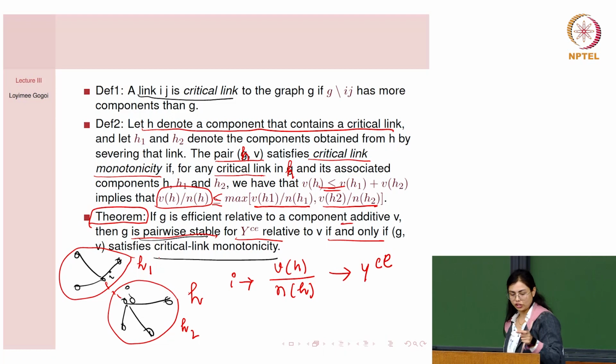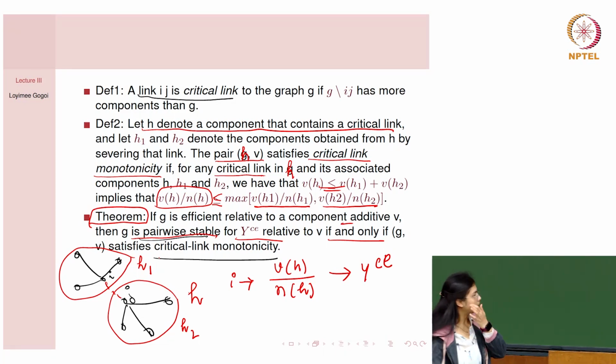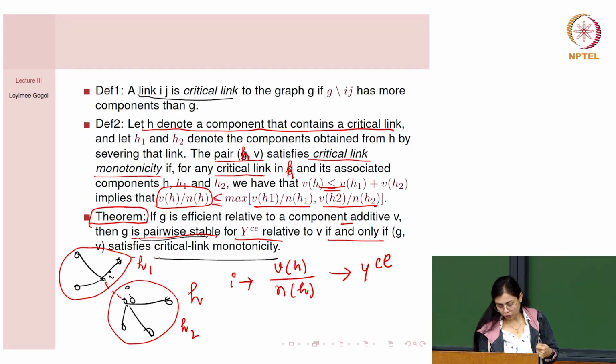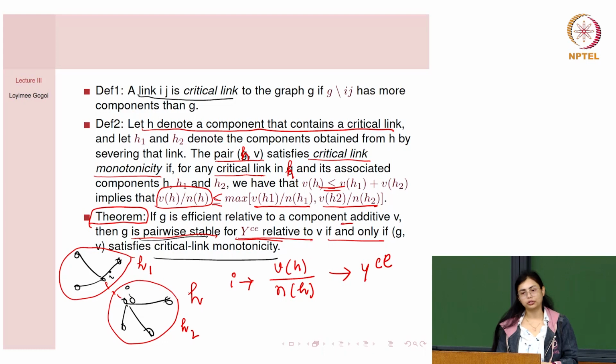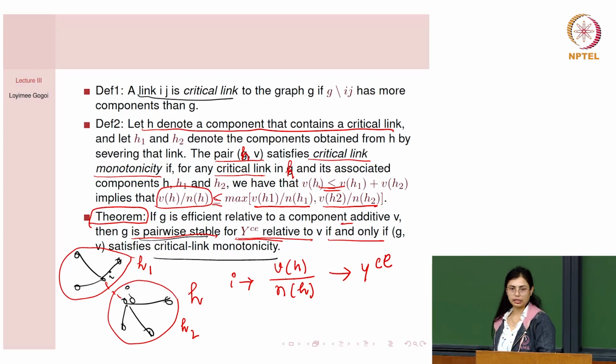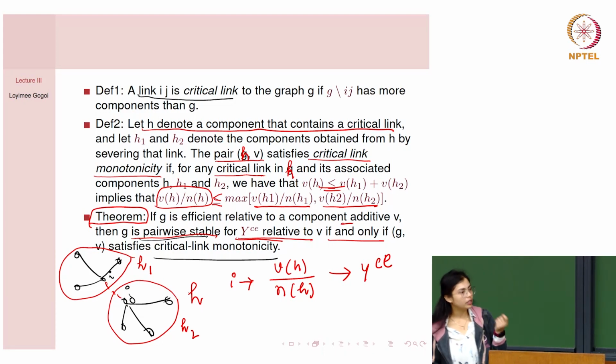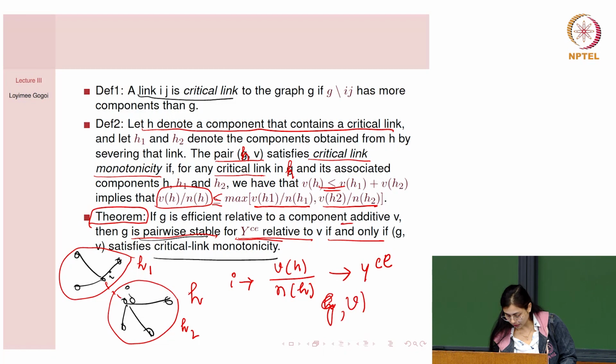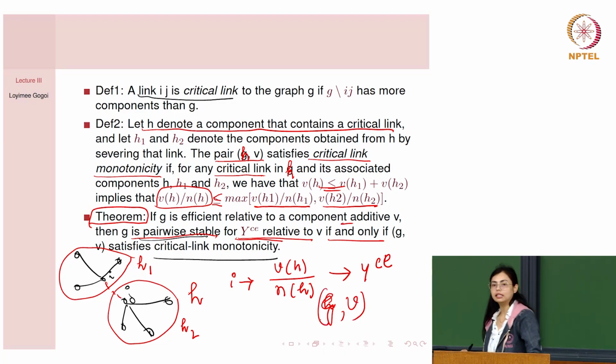So we have an efficient network that satisfies pairwise stability for the component-wise egalitarian allocation rule if and only if the pair satisfies critical link monotonicity.